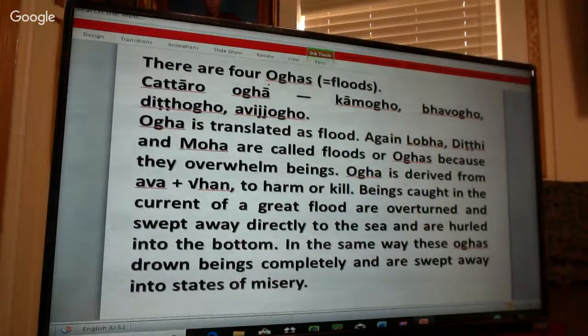Flood means water, a natural disaster, much water covering the area. Like this, in our mind, lobha covers all things: whatever we see with lobha attachment, whatever we hear with lobha, everything. Seeing, hearing, smelling, tasting, touching, thinking with lobha.